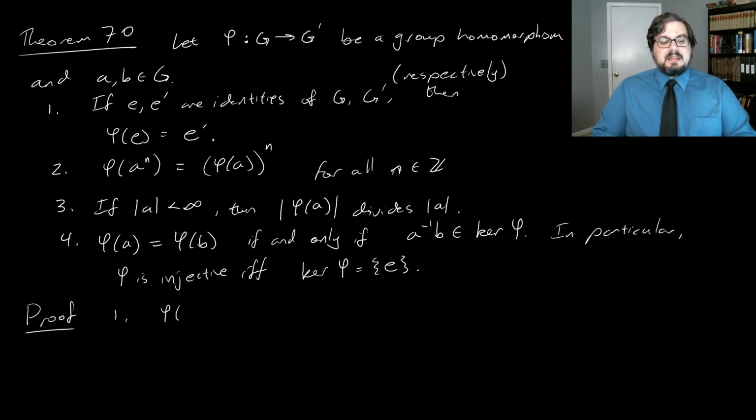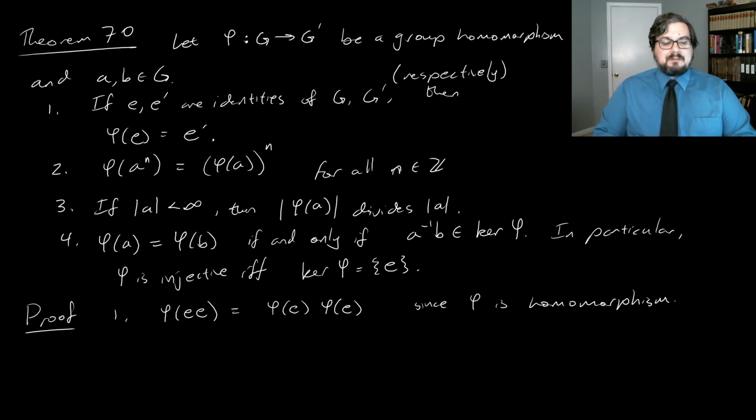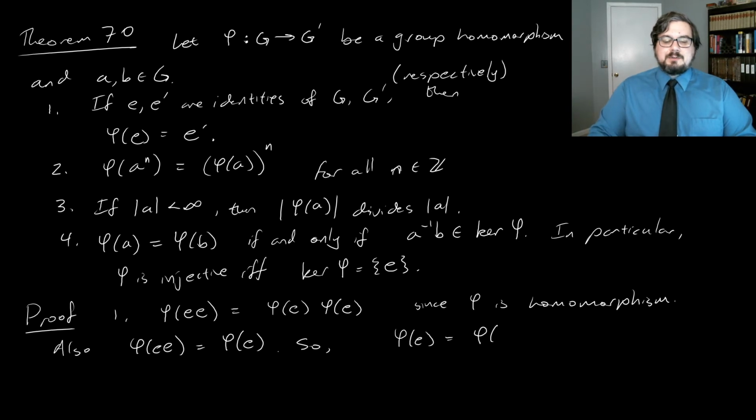We have that phi of E times E is equal to phi of E times phi of E, since phi is a homomorphism. But we also have, of course, that phi of E times E is just phi of E, because E times E is E, because E is the identity of G. So we have that phi of E is equal to phi of E times phi of E.